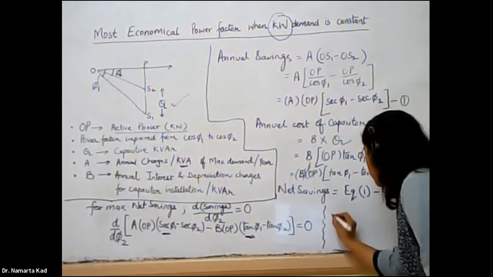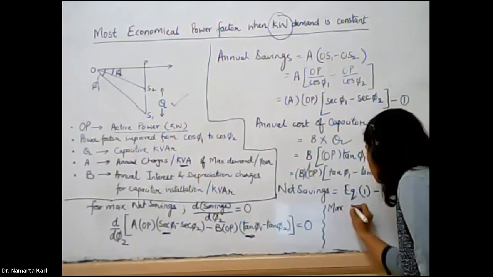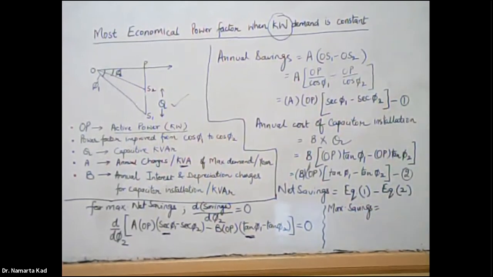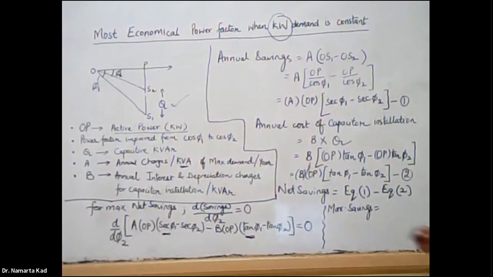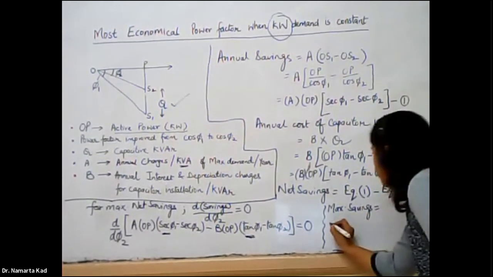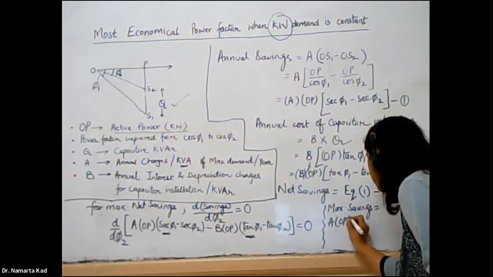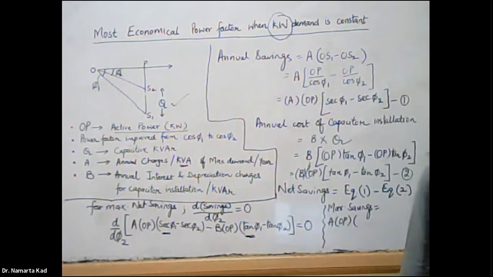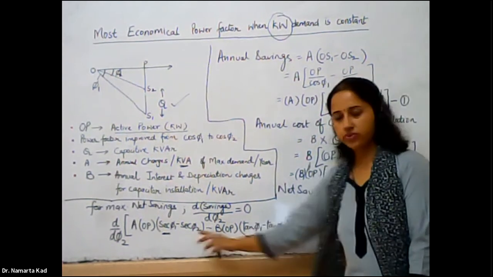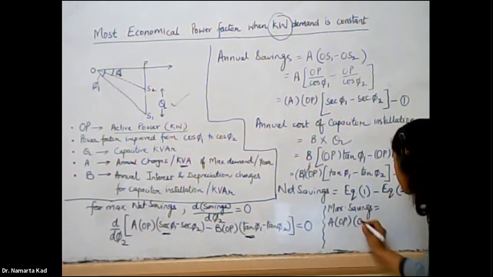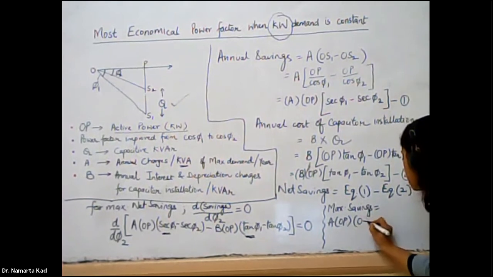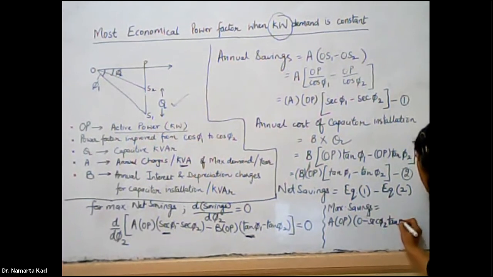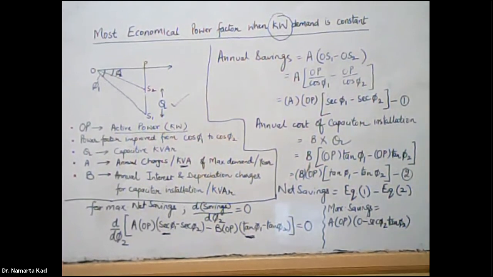So the maximum savings now comes out to be like A into OP. Here it is 0 minus secant phi 2 tan phi. Okay, I'm writing here the complete relation: 0 minus secant phi 2 tan phi 2, like this.